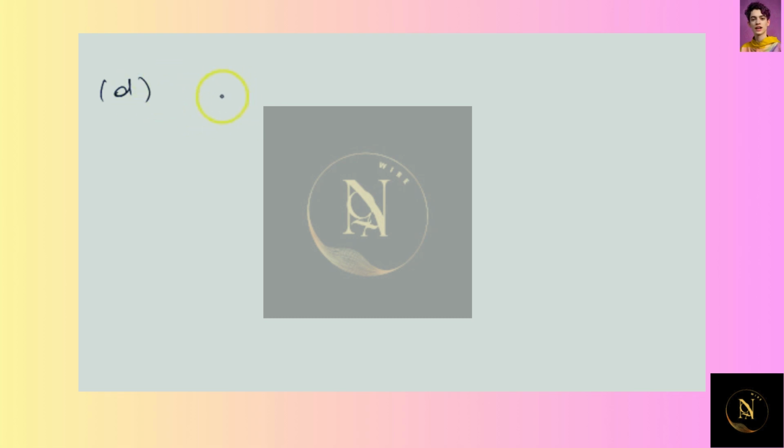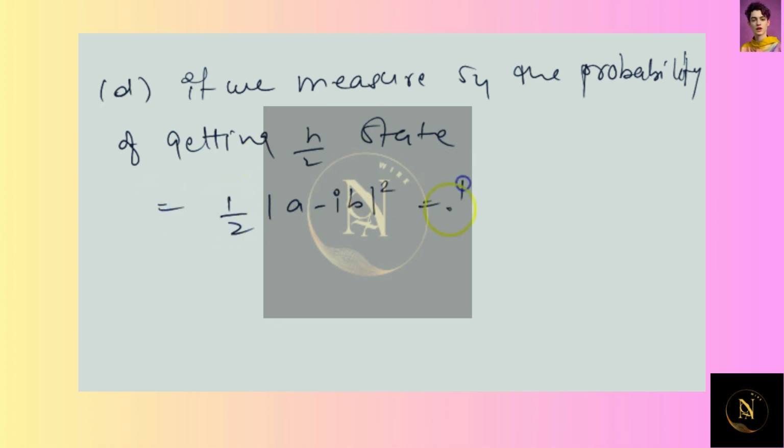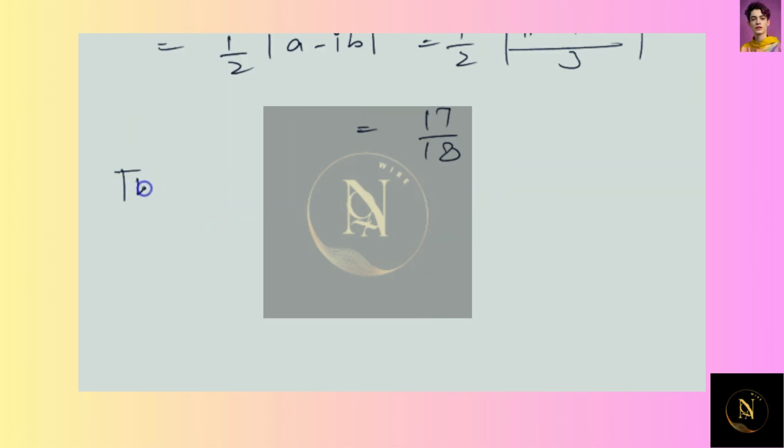If we measure Sy, the probability of getting the h by 2 state is 1 by 2 mod of (a minus i b) squared, which equals 1 by 2 mod of (1 minus 2i minus 2i) divided by 3, squared. Simplifying, we get 17 by 18.